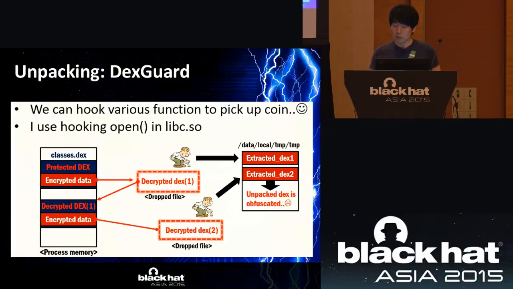With my unpacking method, you can just wait until the unpacked dex is extracted. But in the case of DexGuard, although the extracted dex is unpacked, the classes in the unpacked dex are obfuscated, so we can't analyze the code logic well. However, we can anyway extract the unpacked dex from an Android application packed by DexGuard.